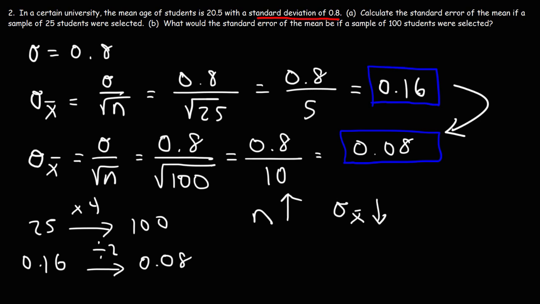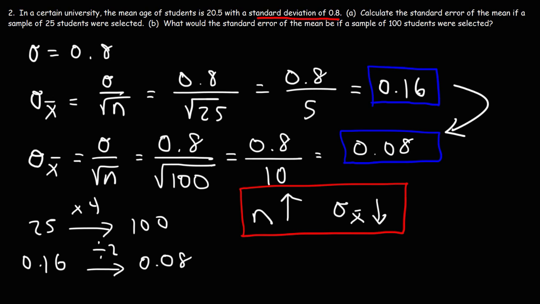It's an inverse relationship, and the reason being there's a square root n on the bottom. The square root of 4 is 2. But nevertheless, as you increase the sample size, the standard error decreases. And so you're going to get a more accurate answer. That means the mean that you get for your sample has a higher accuracy if the standard error is less.